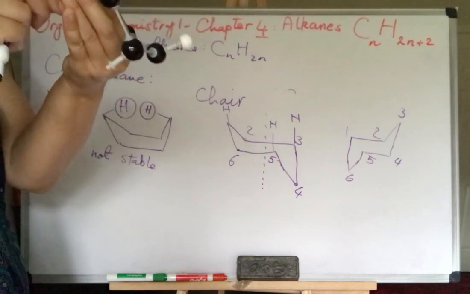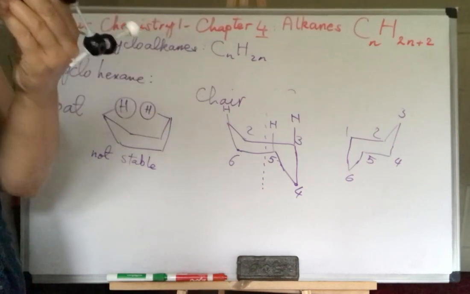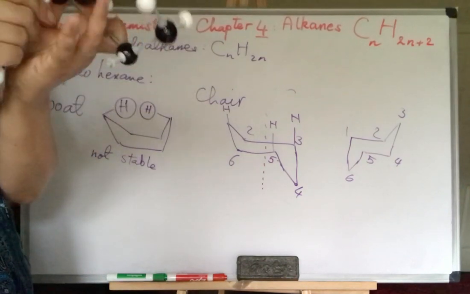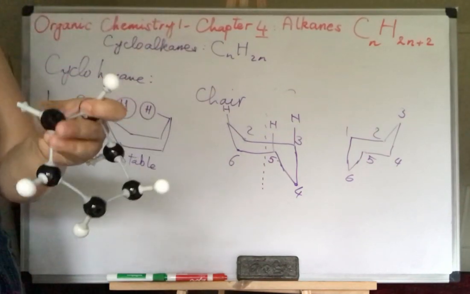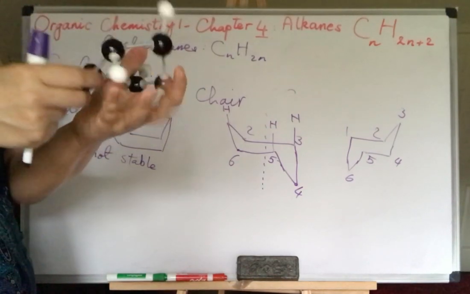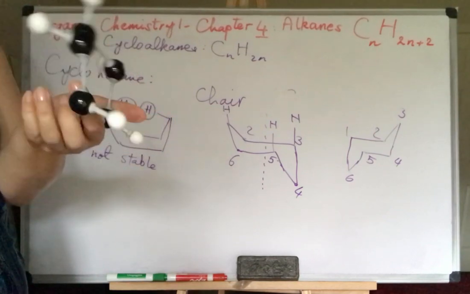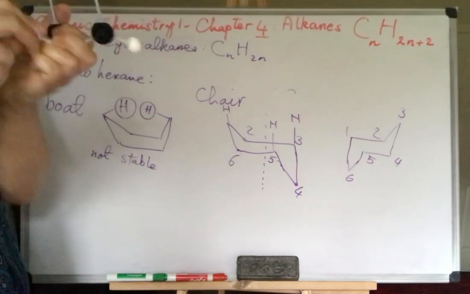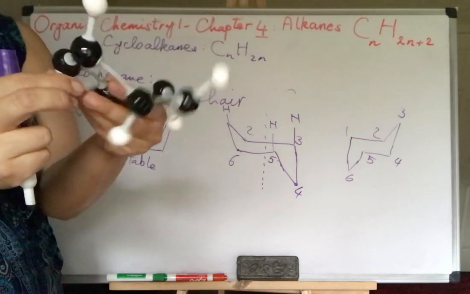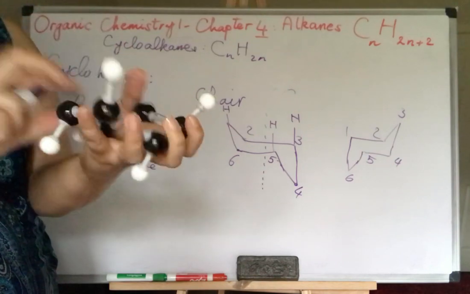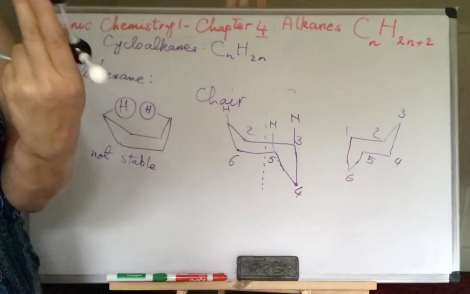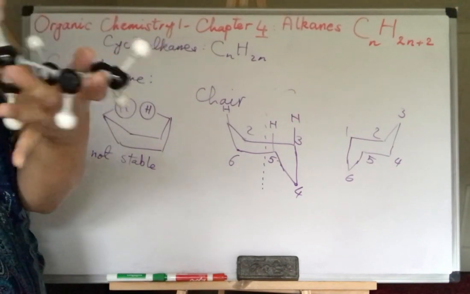So these are all the axial hydrogens. So there are 6 axial hydrogens, 3 of them on top. I'm missing 2 more. 1, 2, 3.